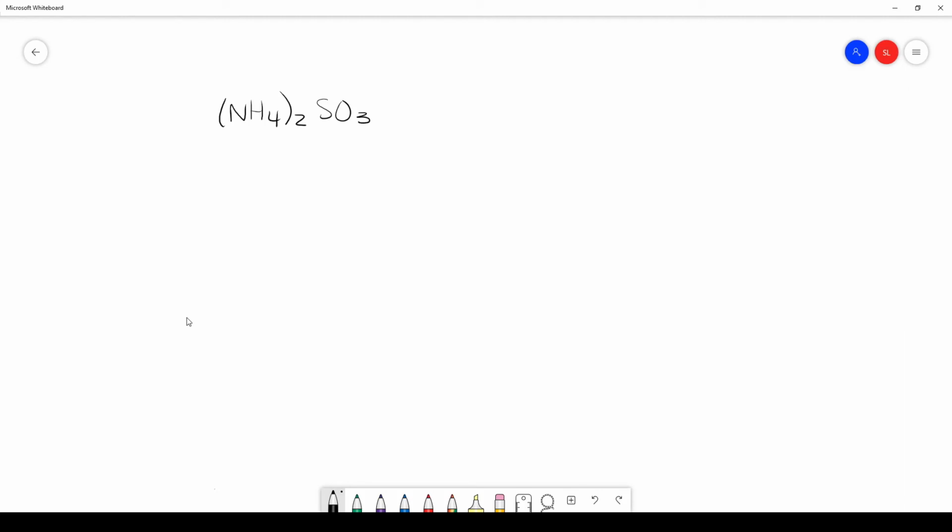So you apply the prefixes like di and tri for molecular compounds, and you deal with ions and charges with ionic compounds. When we assess the type of compound, and this is shown in sort of a flowchart list in activity 13, the first thing you look for is if the first part of the formula is a metal.